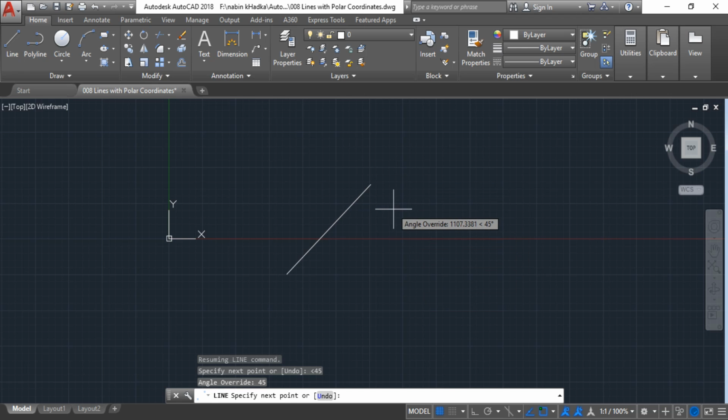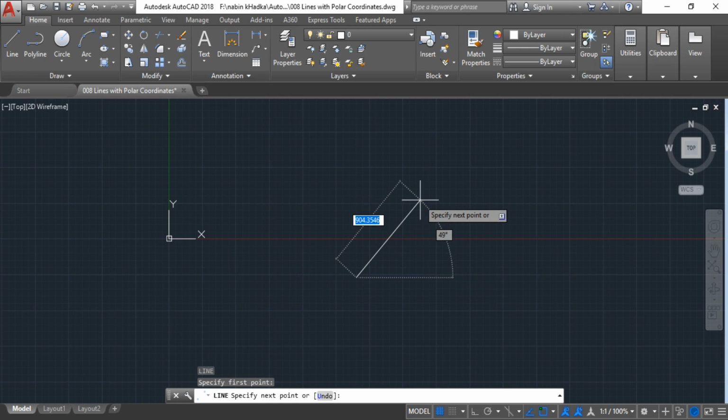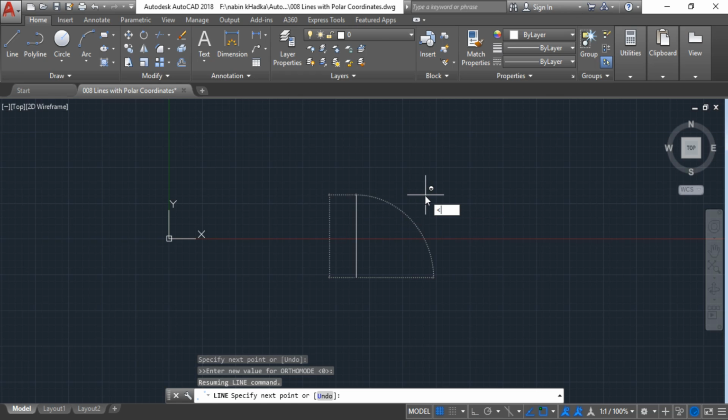So let's do this again. Just hit the command L for line and press enter. Specify any point on the screen. Now to type the angle, you need to type the less than symbol, which is beside the key M, then type the desired angle 45 and press enter.